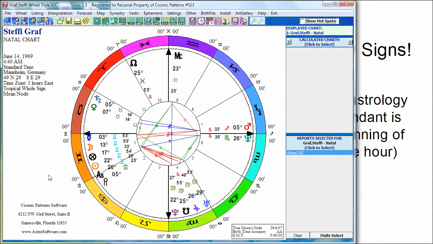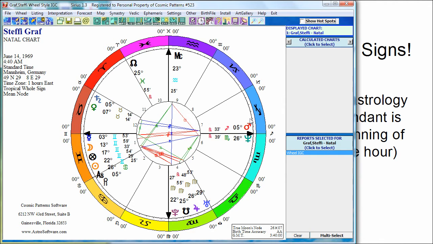Now, for Steffi Graf, the moon is also in Gemini. But let's pick some other point. Well, in Steffi's case, it's hard to find a good obvious one, but let's say from Mars. So you could start from Mars, and you could say from Mars, Sagittarius is the first house. They're just relative signs.